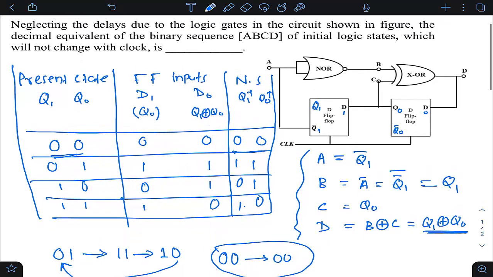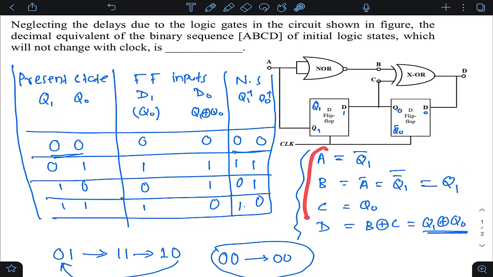Now what is the consequence of it? Even if I am clocking it, the state is again the same 0 0 only. In other words, A, B, C, D are all expressed in terms of Q1, Q naught. You can see A is Q1 bar, B is Q1, C is Q naught, D is Q1 XOR Q naught.